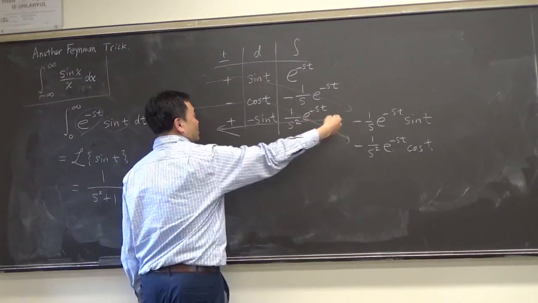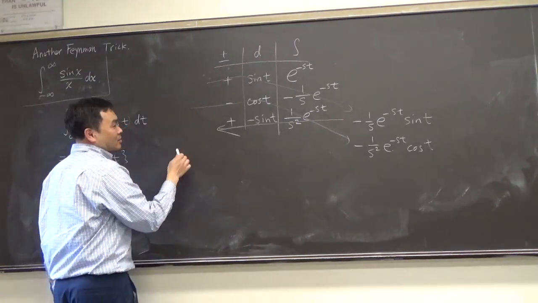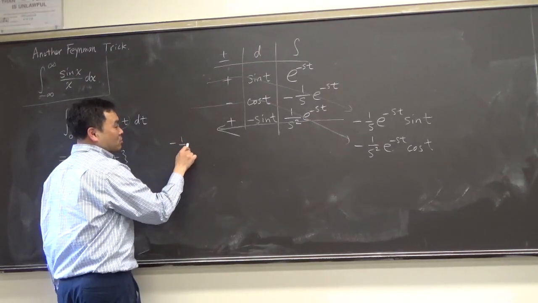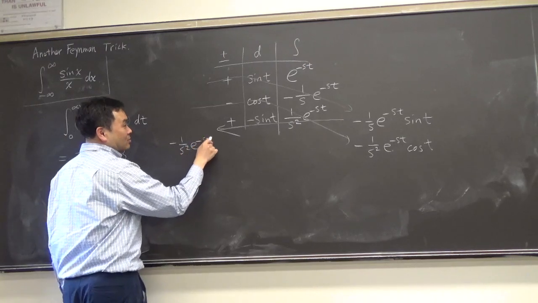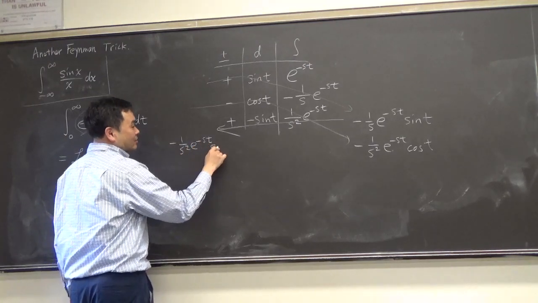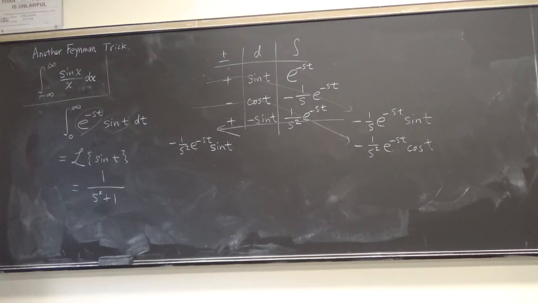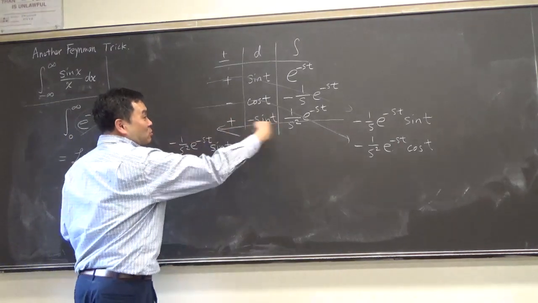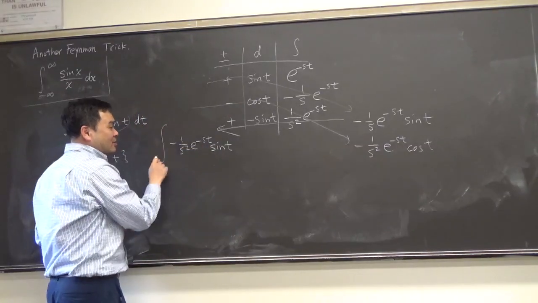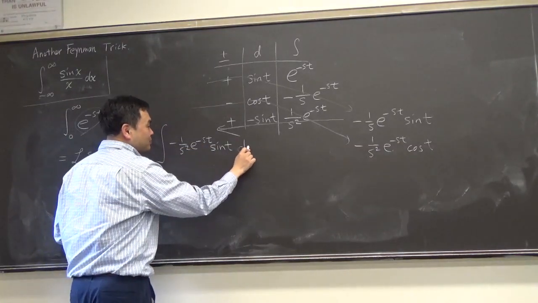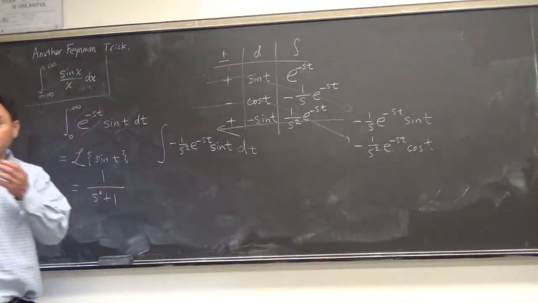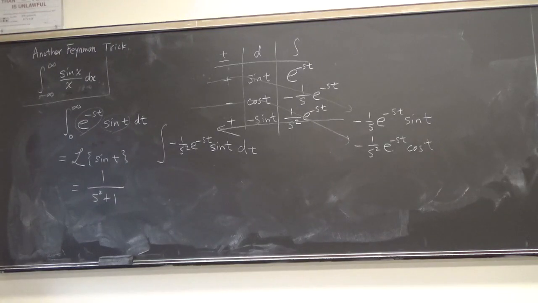So now you go this way, and what do you get? You get negative 1 over s squared e to the negative st sine t, right? Agreed? But this last line that you went this way has to be integrated. It's treated differently. Okay?